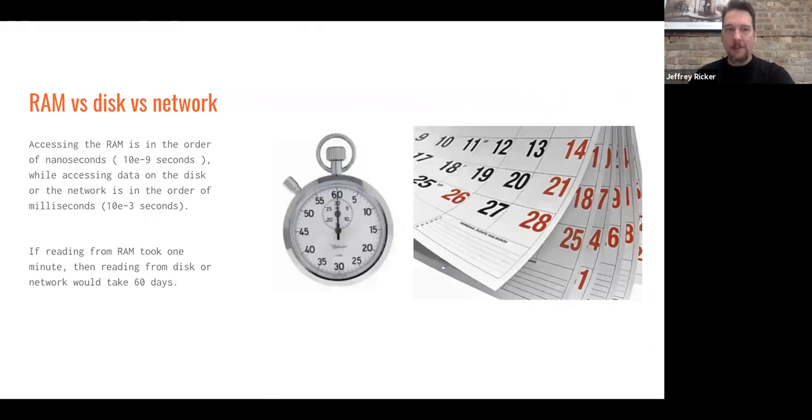RAM access is counted in nanoseconds, and disk and network is in milliseconds, which means that if a read from memory took a minute, a read from the network takes 2 months, 60 days. That's the order of magnitude you're dealing with.